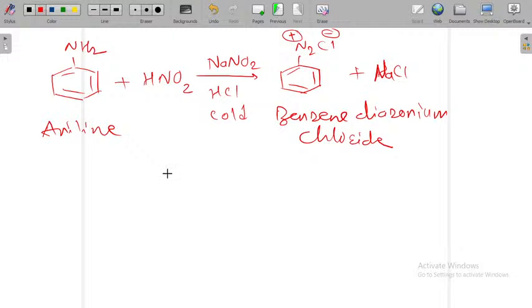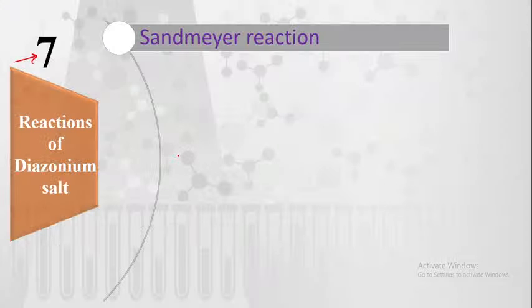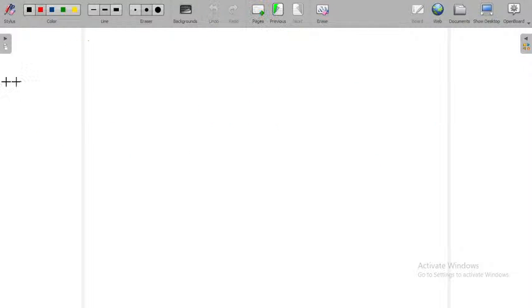Now we'll see the reactions one by one. The first reaction is nothing but the Sandmeyer reaction. What is this Sandmeyer reaction? Directly we are considering the benzene diazonium chloride.